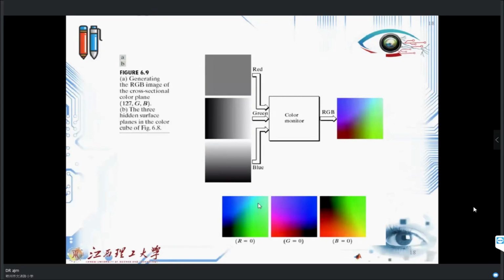At the bottom I also show when R is equal to 0, when G, the green one, is equal to 0, and when the blue one is equal to 0. Those can be the RGB parts, and the mixture of them will generate the RGB color for us.